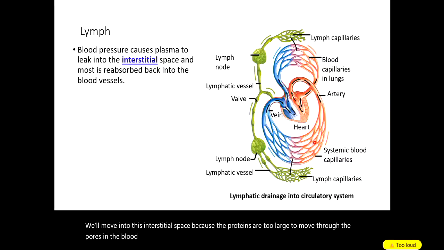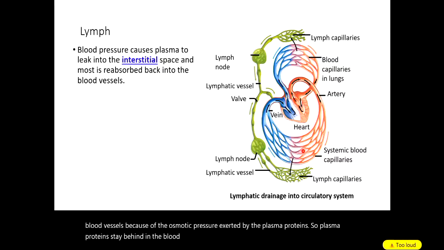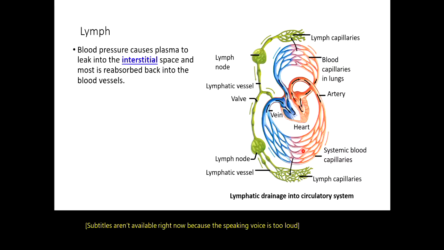This interstitial fluid is mostly going to be drawn back into the blood vessels because of the osmotic pressure exerted by the plasma proteins. The plasma proteins stay behind in the blood vessel, exert an osmotic pressure, and draw the fluid back into the bloodstream.